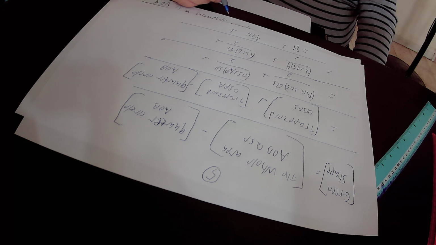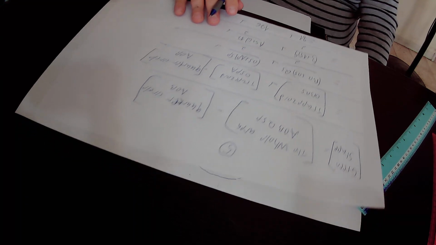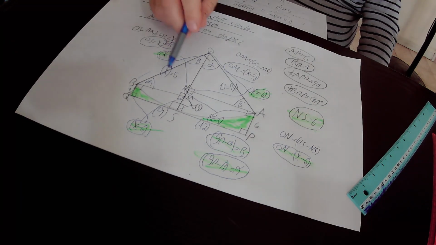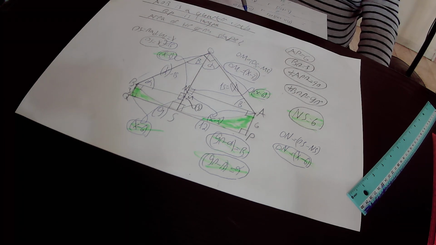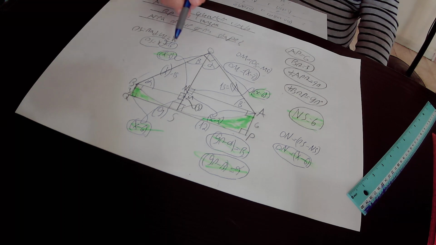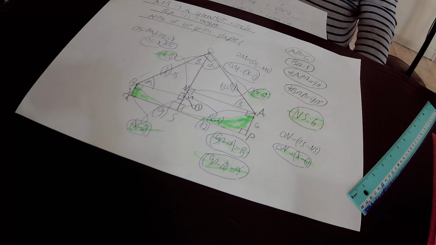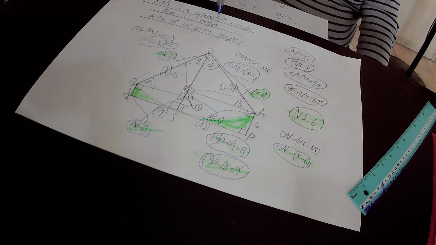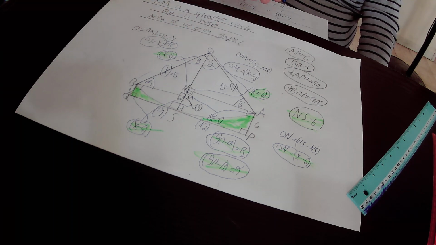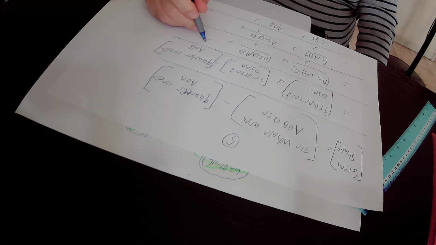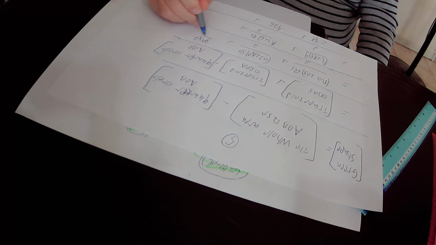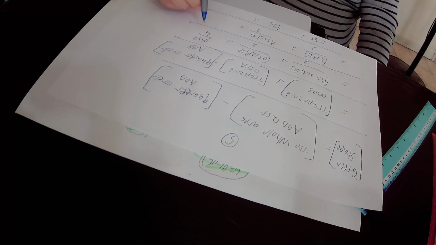Okay? Minus the area of the quarter circle AOB. The area of this quarter circle AOB equals the area of the circle over 4. The area of a circle with radius x is pi x squared, and pi x squared over 4 is the area of the quarter circle.